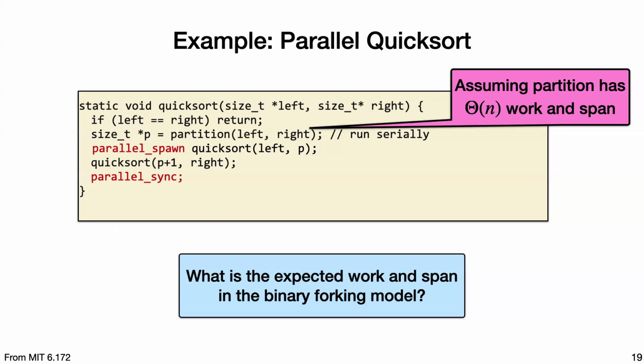Now we want to think about the span in the lower levels. Let's say that we picked a nice partition, and now the left half is half. And then we come back around, and what is the span of this new partition call on n over 2? Just in the second level, the input size is theta n over 2.